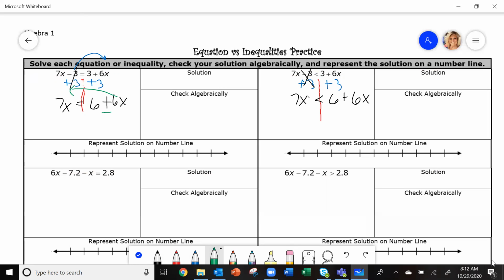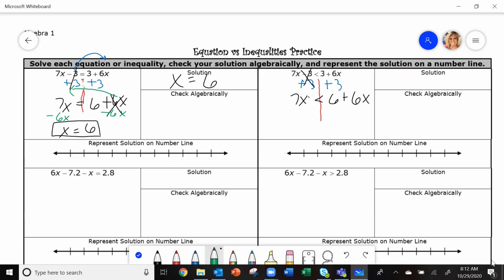Well, that's a positive 6x, so I'm going to subtract 6x from each side. That gives me 1x equals, the 6x's on the other side cancel, and it equals 6. Okay, so my solution is x equals 6.